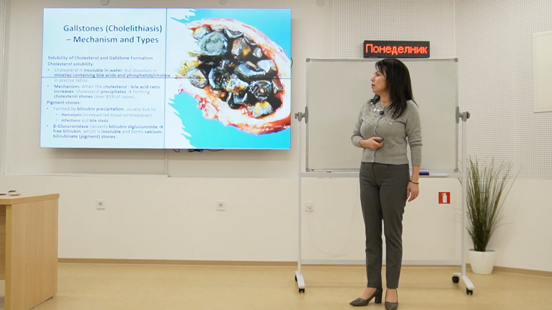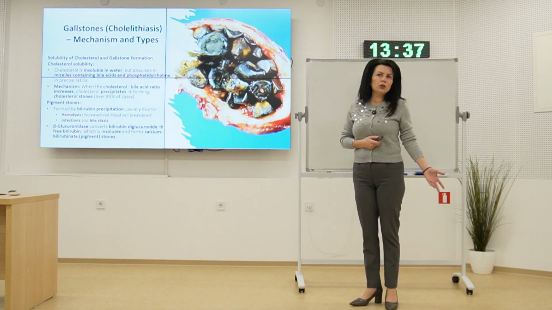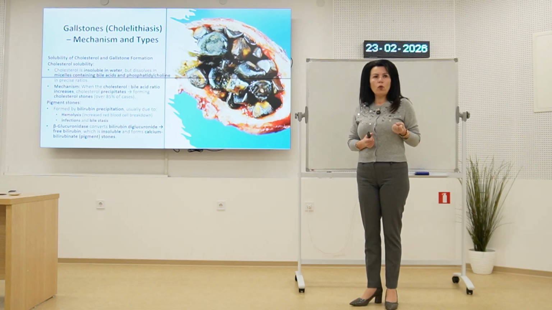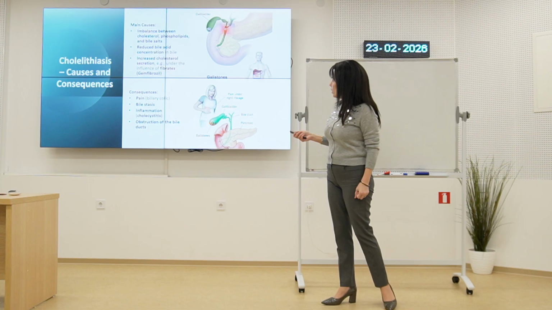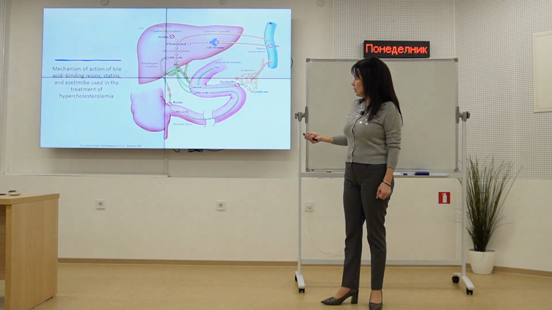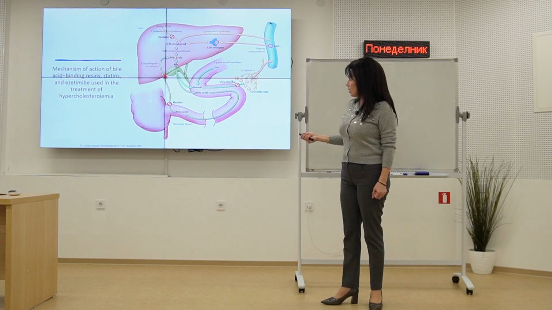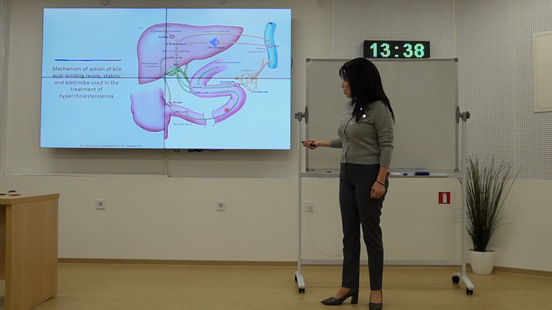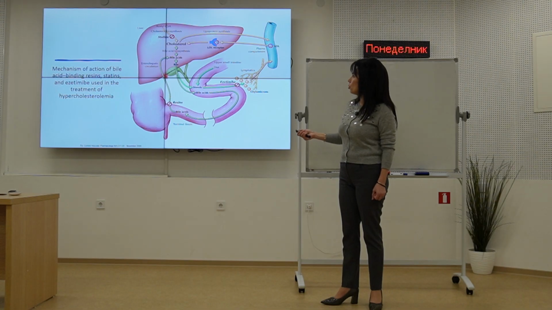But what will happen if we stop enterohepatic circulation of bile acids? This mechanism is actually used many times to reduce the cholesterol level in the body. Why? Because the gallbladder releases bile acids, they go to the ileum, and after that reabsorption back to the liver.